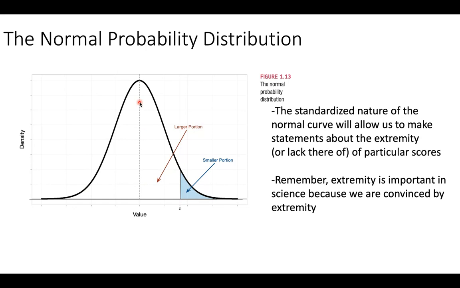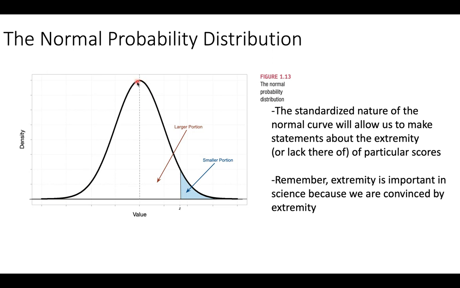So if the average male height is 5'10", then this value on the x-axis right in the center would indicate 5'10", and the height of the curve, here at its peak, its highest point, indicates the number of men who are 5'10". And the most common height for a man is 5'10". The curve is the highest at this point.